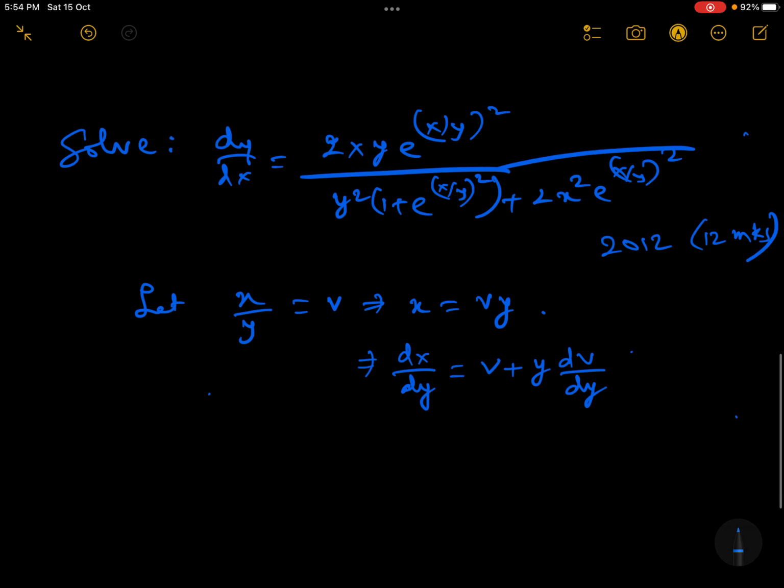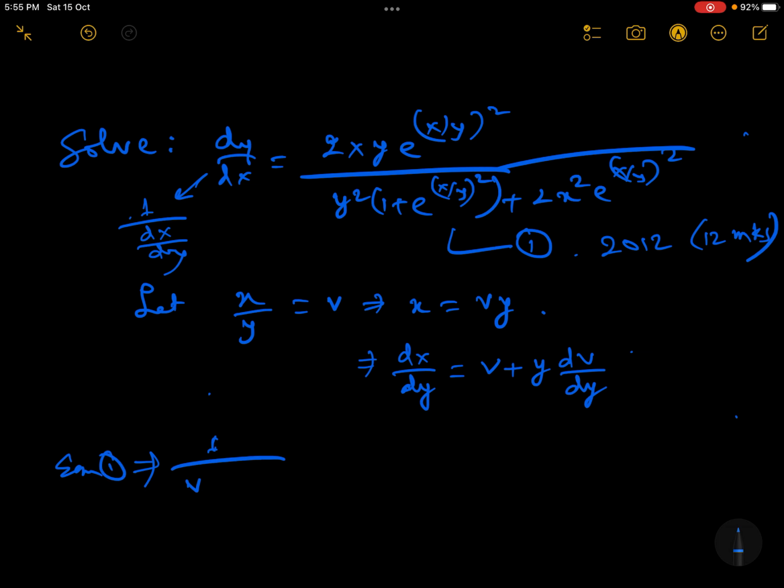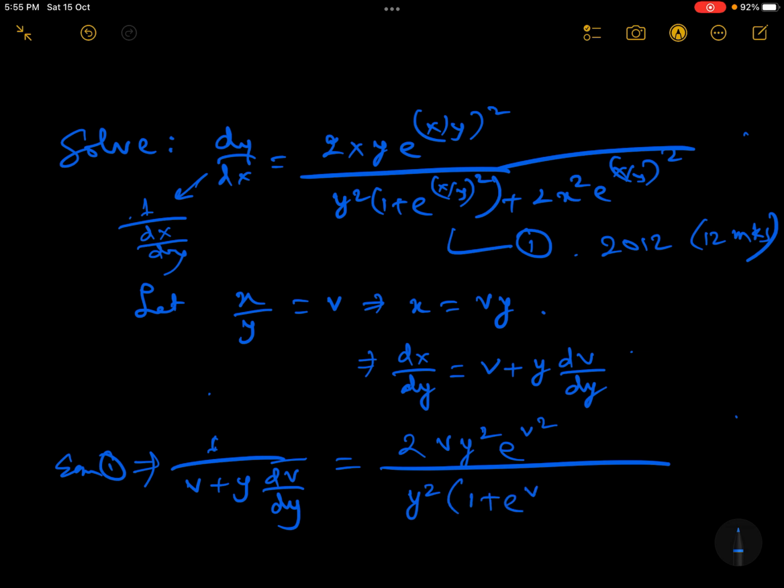If we substitute here, equation 1 implies 1 by v plus y dv by dy is equal to 2. Our x is vy, so this will appear as vy square, and then e to the power v square, in the denominator y square into 1 plus e to the power v square plus 2v square y square, because x is vy, and then e to the power v square.